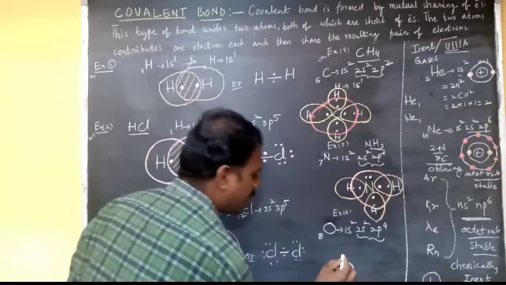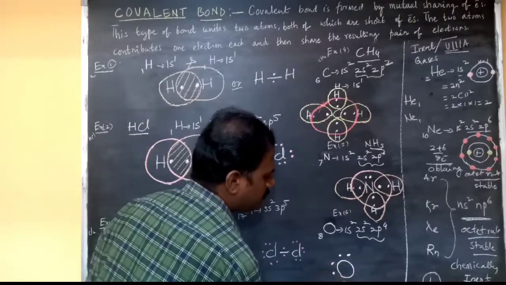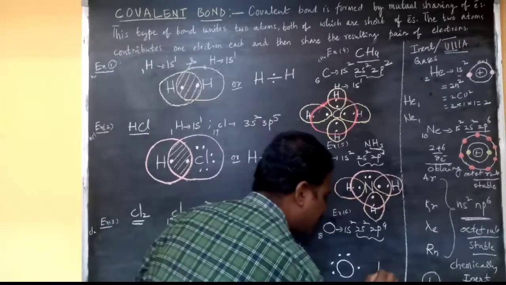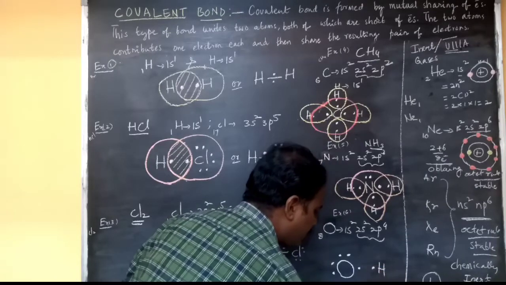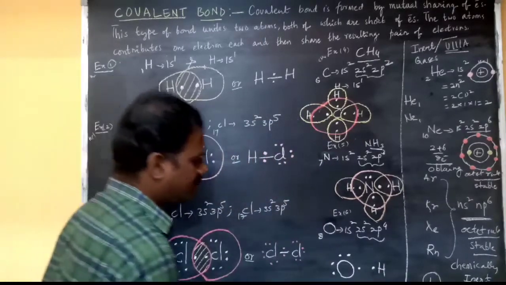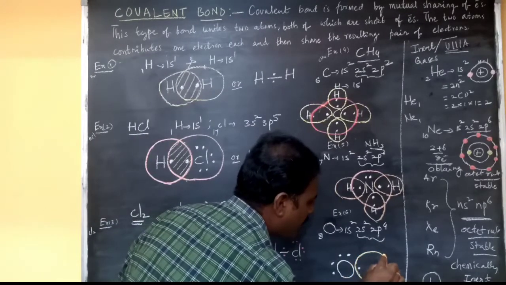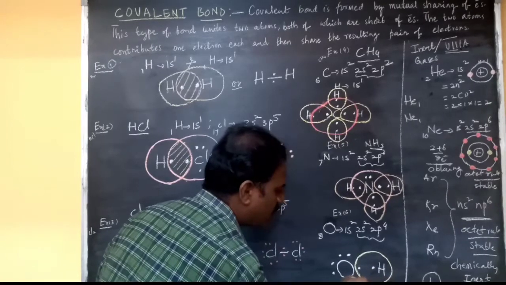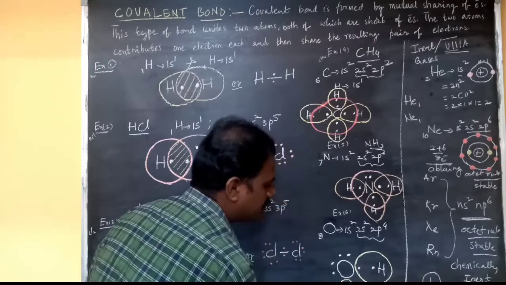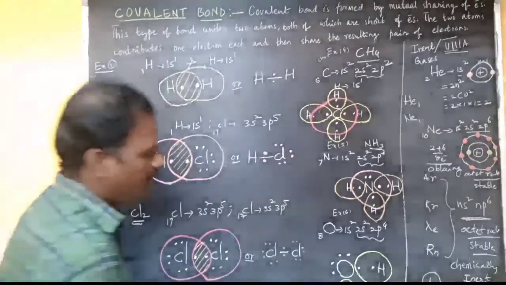So here, like this, hydrogen, oxygen, and hydrogen atom. Now you can write like this. There is a bond formation taking place in this manner: oxygen bonded to hydrogen and oxygen bonded to hydrogen. Now this oxygen is getting how many electrons?